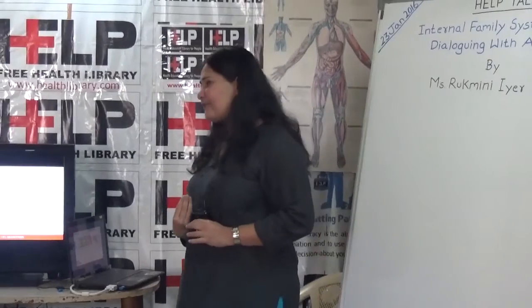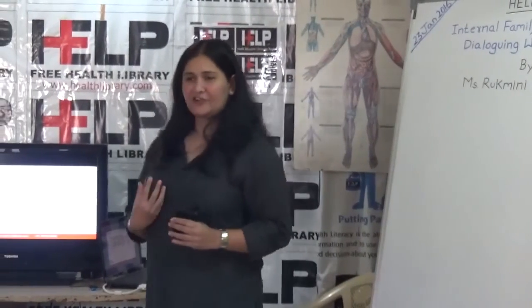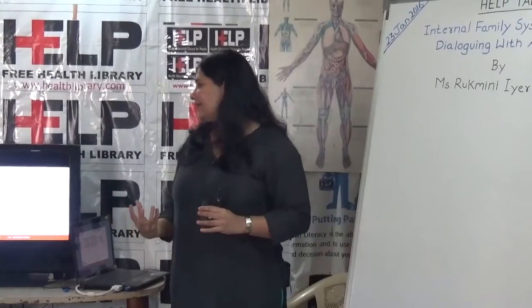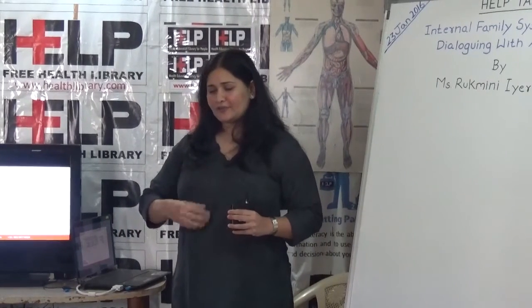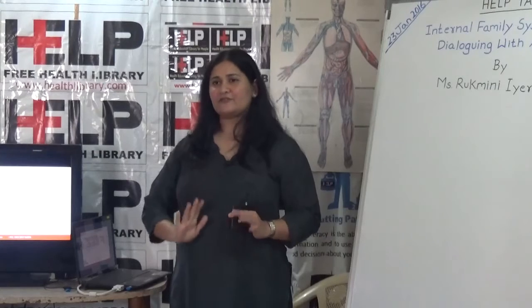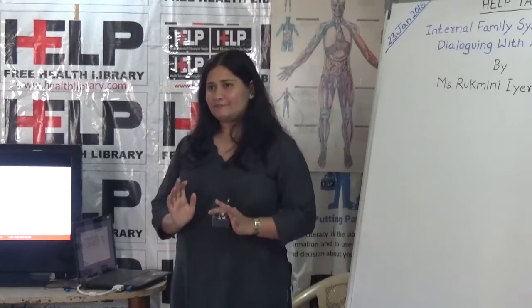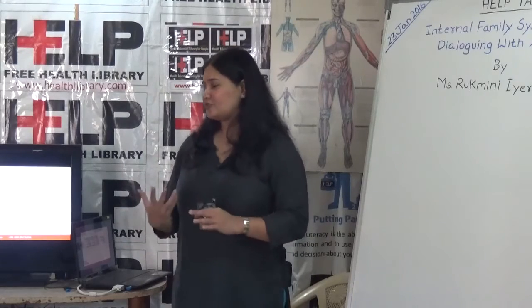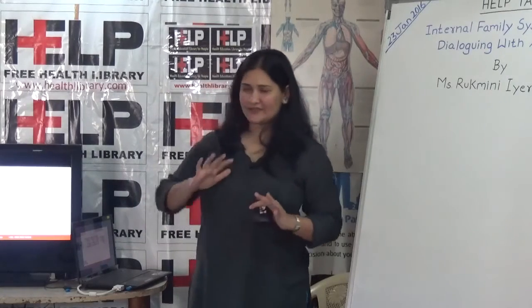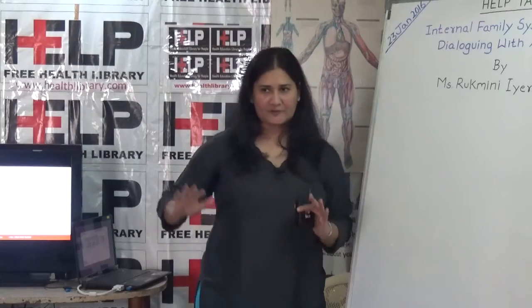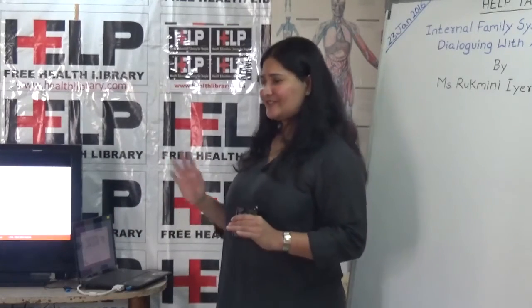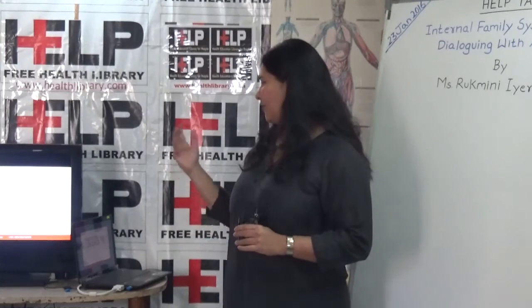The reason that's important is because when we're doing any kind of parts work, IFS is also referred to as parts work, it's important that the body feels a sense of safety and peace before it starts opening up and the parts start coming out to dialogue. So it's important that physically there is some kind of a space for you to slow down, simply breathe, just stare at the wall if nothing else.